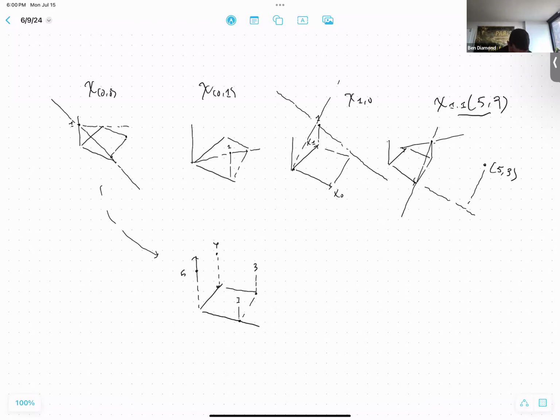So I take basically 5 times this thing. So I can sort of scale this, that's supposed to be times 5. This one is going to be times 1, right? You get the idea.